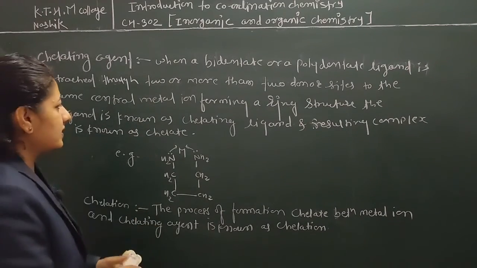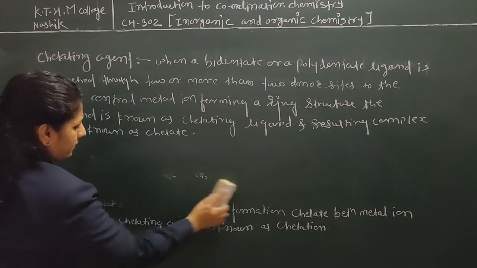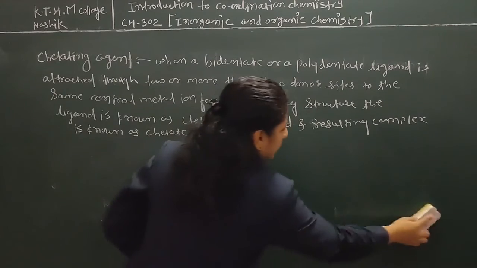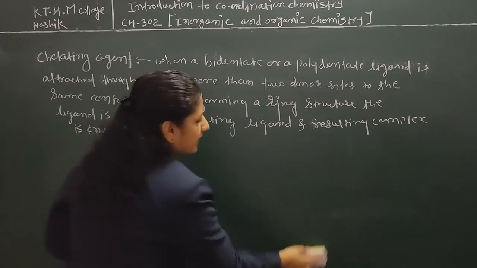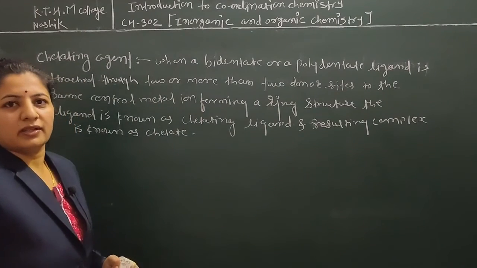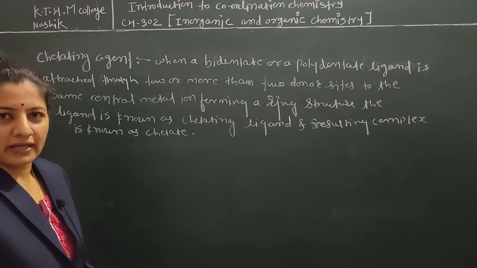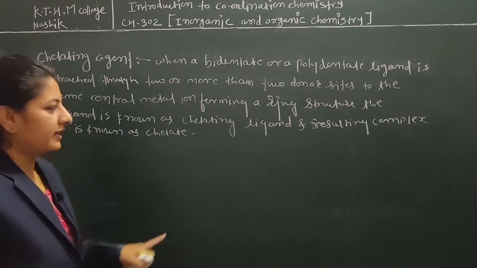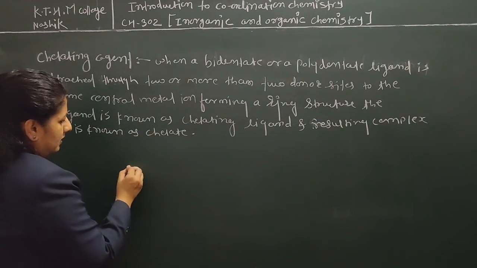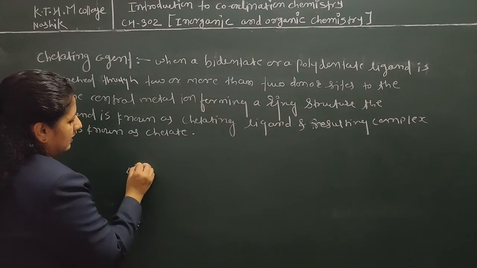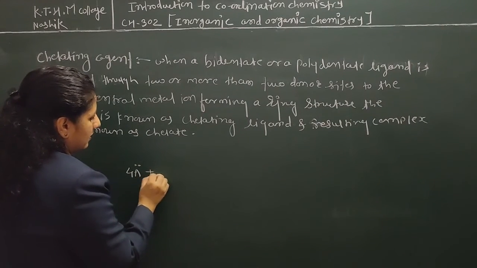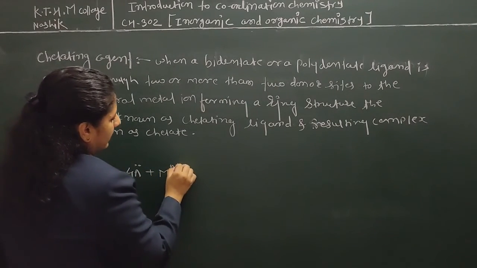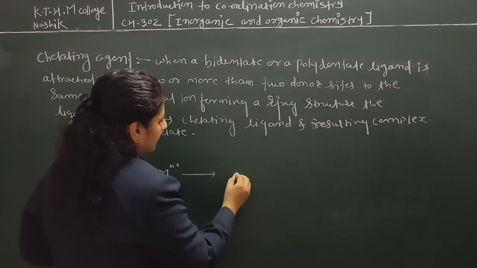Now we have to discuss an example of the chelating agent. From this example we can clearly differentiate the monodentate and bidentate or chelating agent. Suppose this is a metal ion.